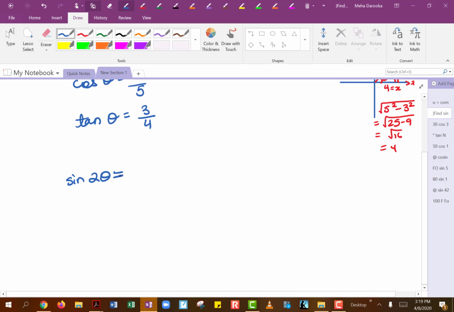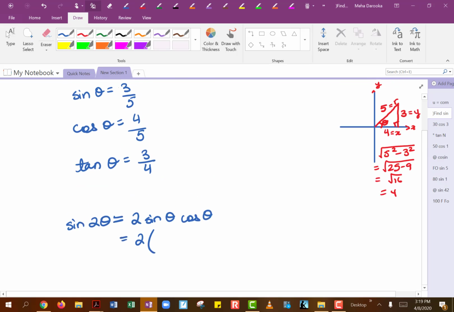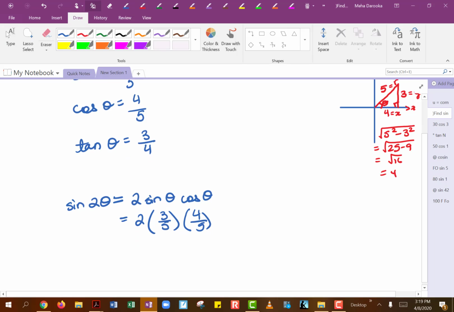And then to find our sine of 2 theta, we are going to use our double angle formula. So double angle formula for sine of 2 theta would be 2 times sine of theta multiplied with cosine of theta. So that of course comes out to be 2 times sine of theta was 3/5, right? You can see that above right here. And then cosine of theta was 4/5.